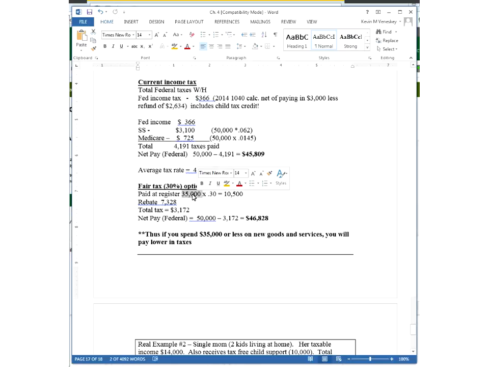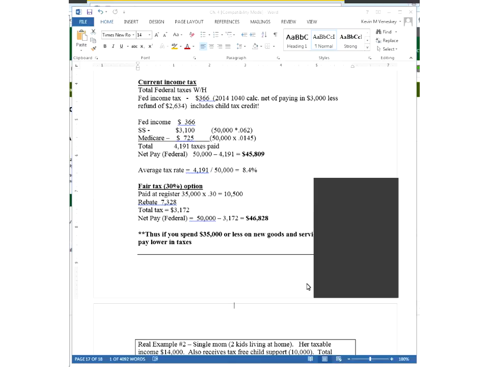And the key is, how much are you spending? How much are you spending on taxable items? If you bump this up to $45,000, then you're not really saving money. So just a quick example, $45,000 at 30% bumps this number up to $13,500. $13,500 minus the $7,328 would give us a total tax of about $6,000.